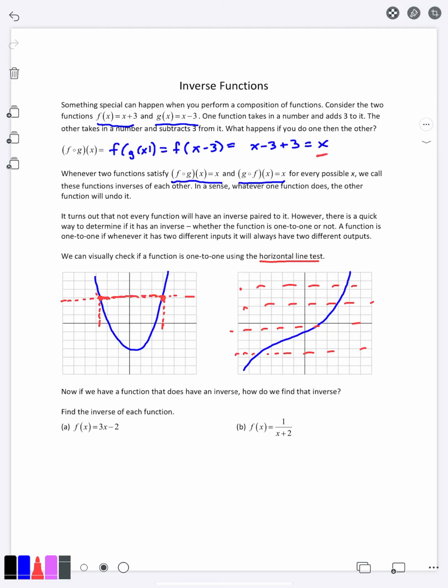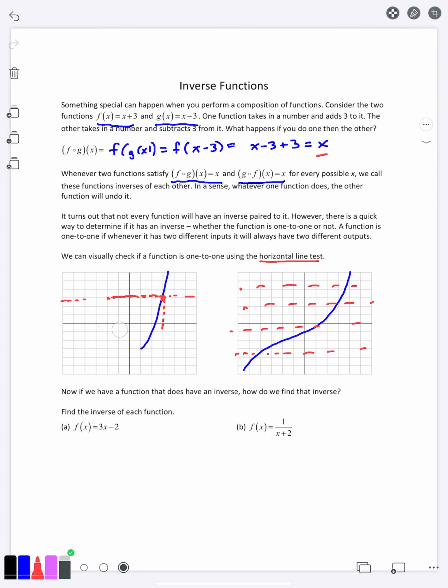I will say, we're not going to see it too often right now, but there are definitely times that you'll have something like the first graph here, like the parabola, and even though it fails the horizontal line test, you want to force it to have an inverse, because there are times when inverses are just so useful. And so what will happen then is you will get rid of part of the graph.